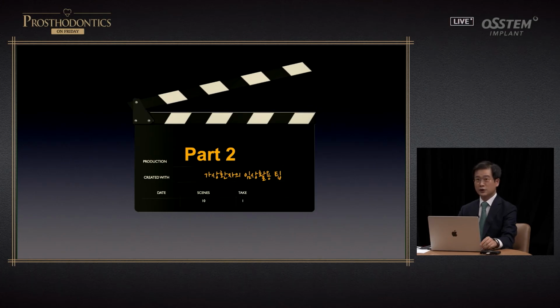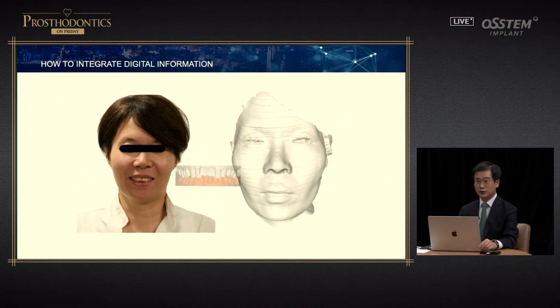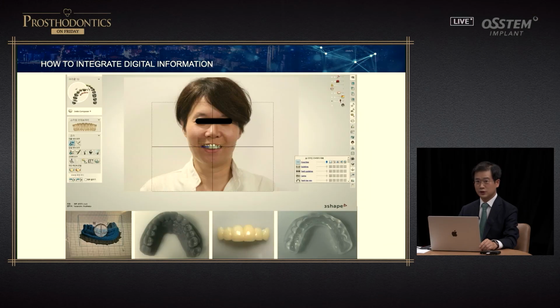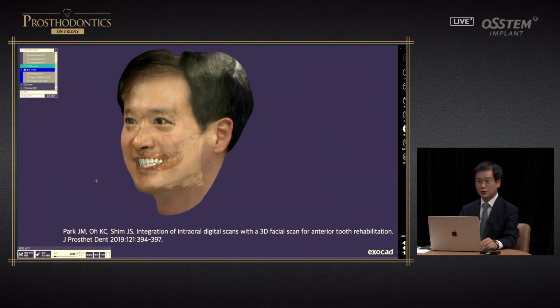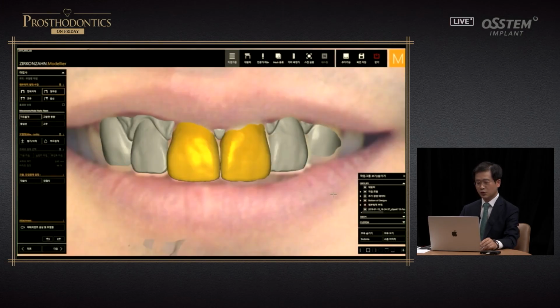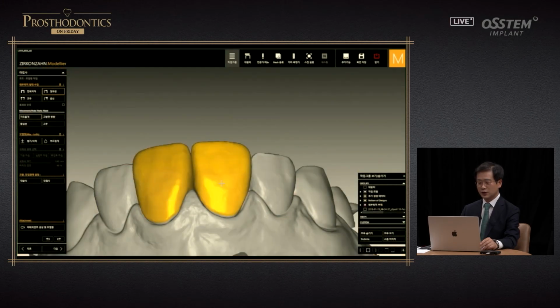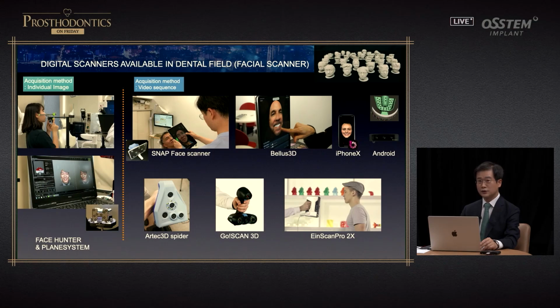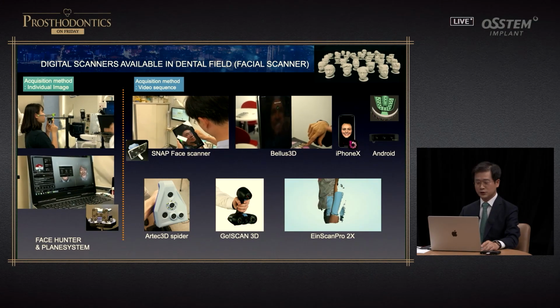So I talked about the oral scanner, and if you use a virtual patient, then with the data obtained from the scanner, you can create the denture. For this type of virtual patient, you could have applied this to this case effectively. There are many face scans on the market nowadays, and even with a smartphone, you can scan the face.